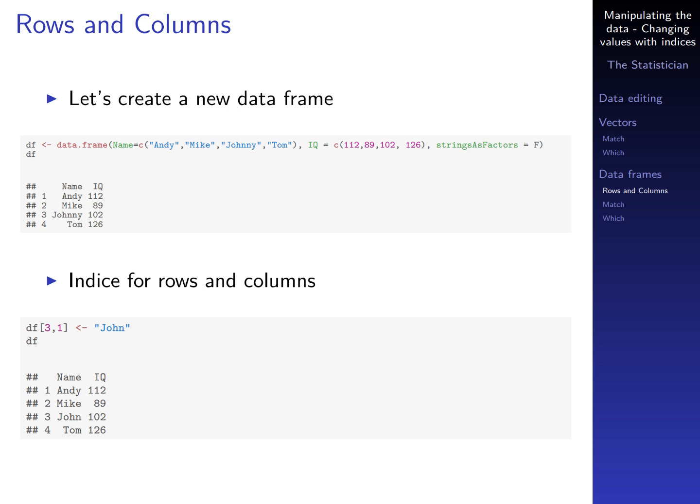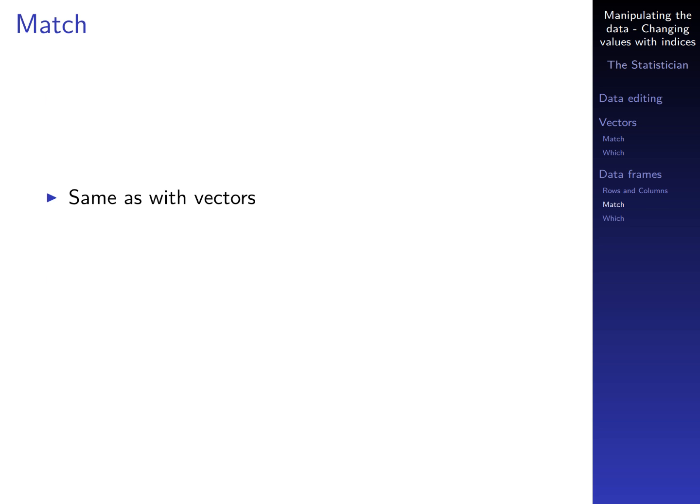Right. And if we don't know the index for row, usually we know the index number for column, then we can again use match function. And again, first we give the value, and this time it's the string Mike.